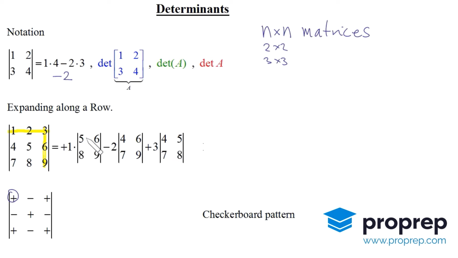Now we know how to compute this because we've already talked about 2 by 2 determinants by just taking the diagonals and subtracting. So if we did this, we'll get 1 times, this is 45 minus 48 is minus 3, minus twice 36 minus 42 is minus 6, plus 3 times 32 minus 35 is minus 3.